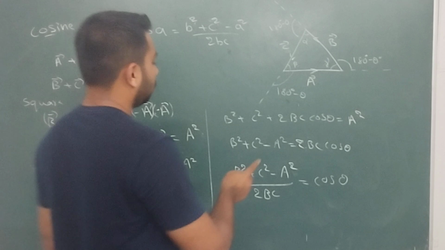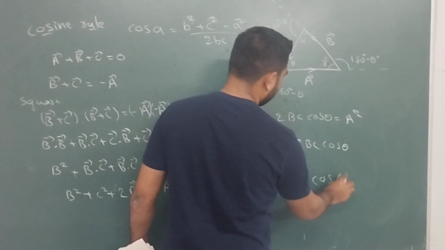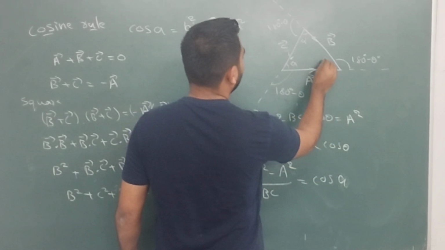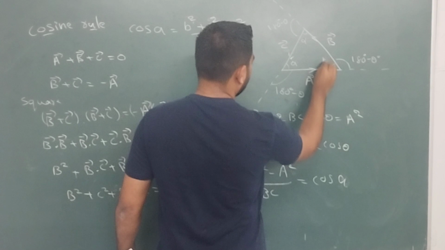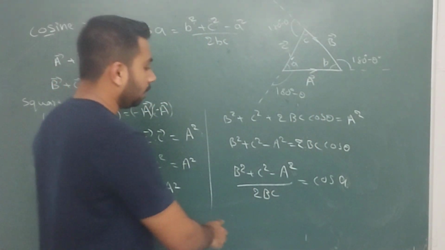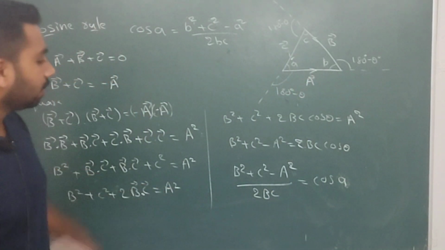What I want to tell is, when you are doing this, your one angle, let's say alpha is A. I will take sides a, b, c. This is very clear for me.